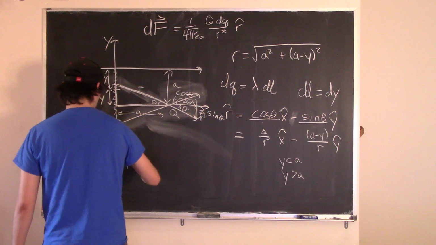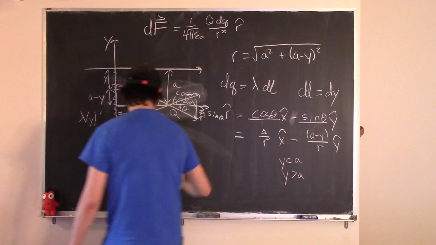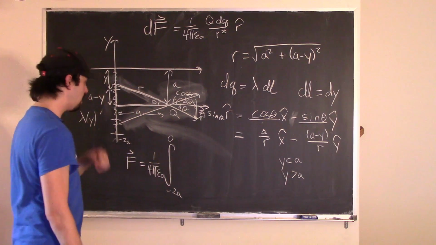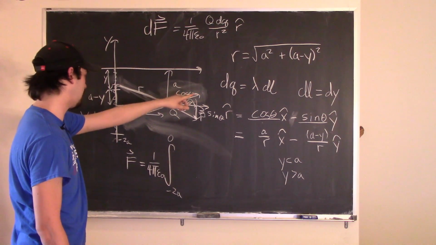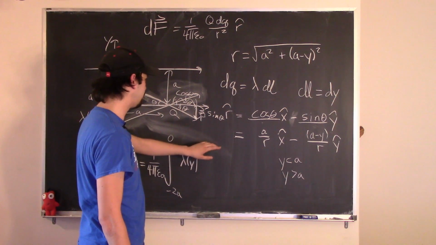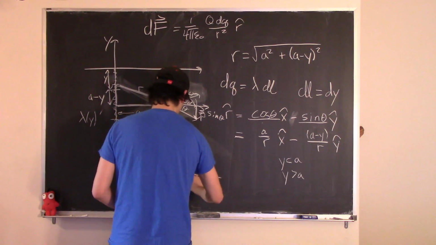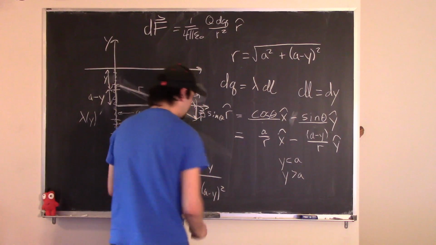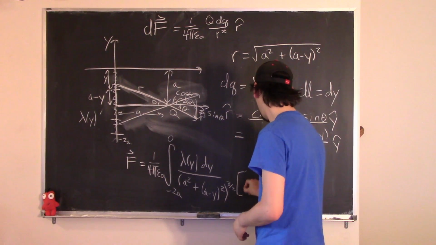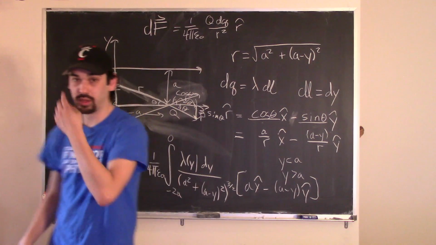And so when we do that, we say that F vector is going to be equal to 1 over 4 pi epsilon naught times the integral from the lower bound to the upper bound, so this is minus 2a to 0, of dq, which is lambda, so I have lambda as a function of y, times dy, divided by r, which is going to be a squared plus (a minus y) quantity squared, but we're going to get another one of those from here, so this is actually going to be to the 3/2, times a x hat minus (a minus y) y hat. And then that's it.